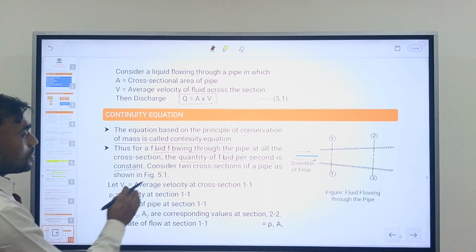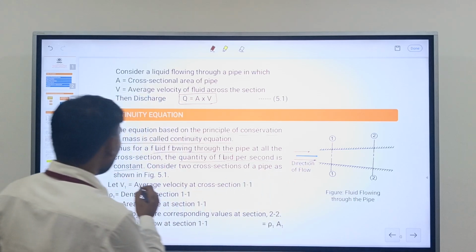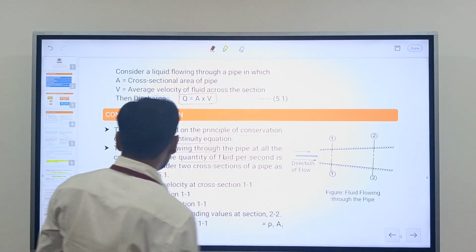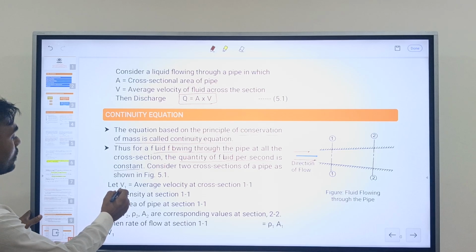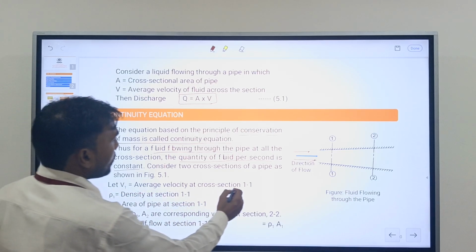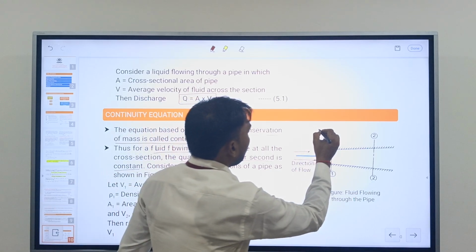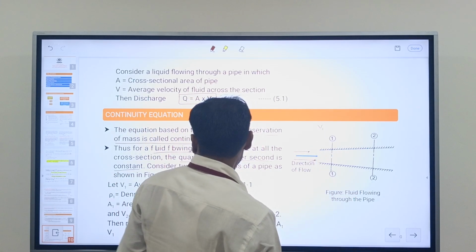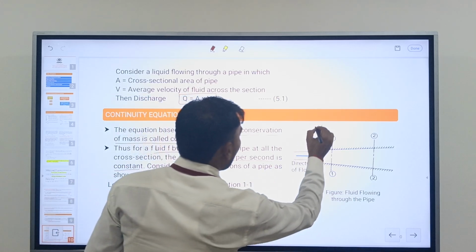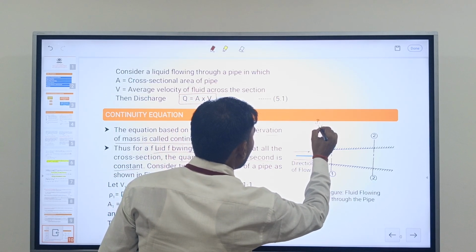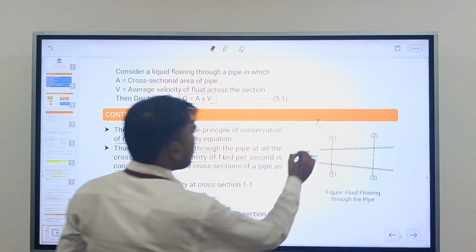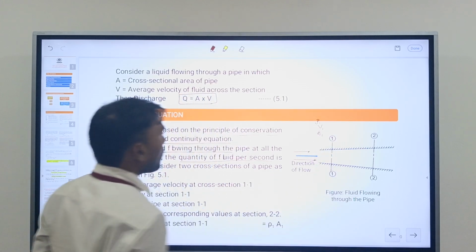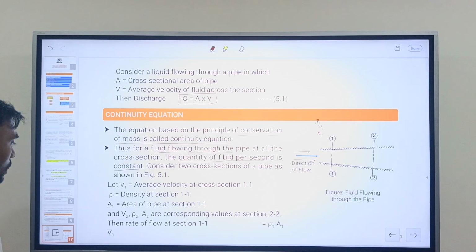Okay. So considering these two cross sections, that is the 1 and 2, let us assume some symbols, that is the V1 is the average velocity at cross section 1. There V1 is the average velocity, ρ1 is the fluid density at section 1 and A1 is the cross sectional area at 1.